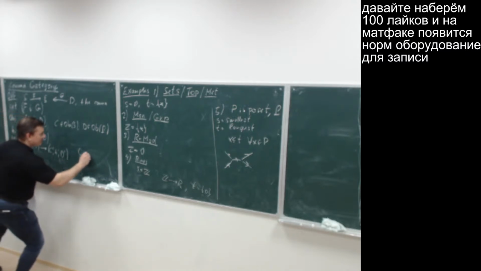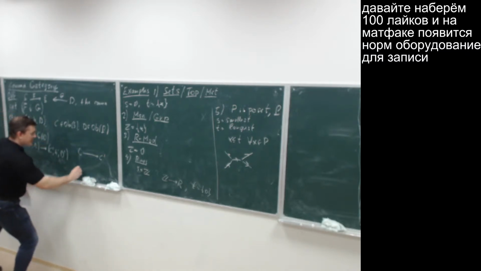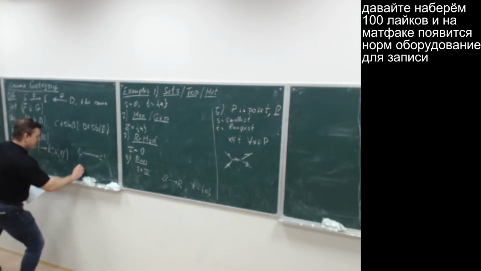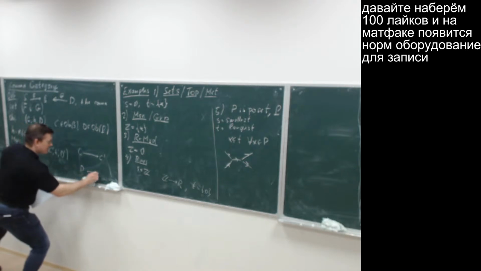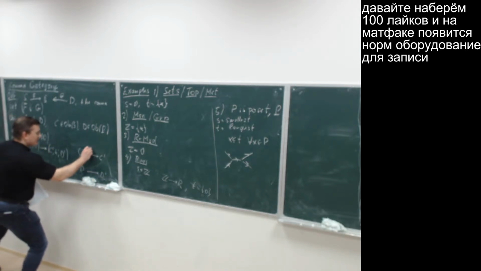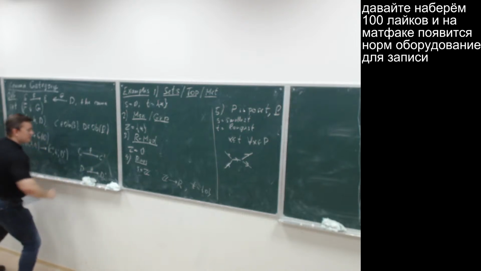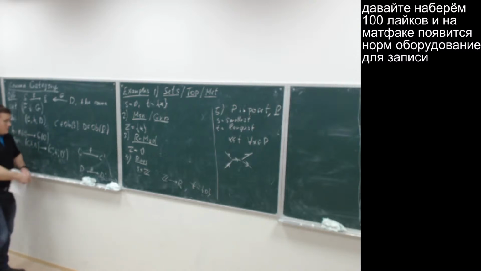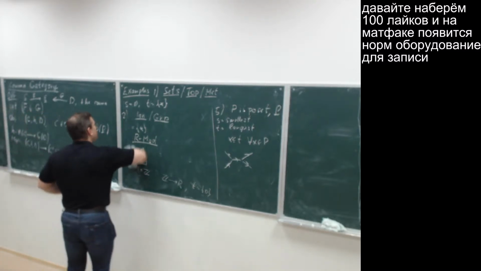We need a map from C to C prime, and we need a map from D to D prime. Let's give them some names, maybe F and G. So these are pairs of two maps such that if you consider the square, then the square is commutative.